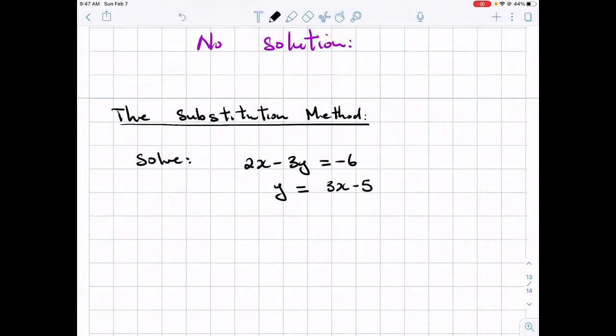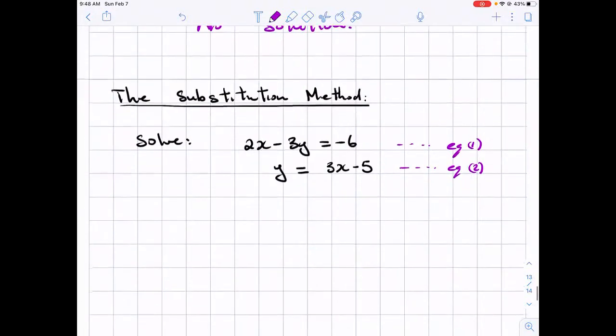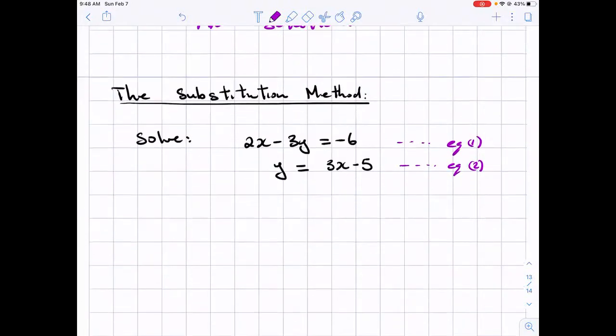Okay? So notice that equation 1 is written in the form ax plus by equals c, but equation 2 is written in the form y equals mx plus b. Okay? So that kind of gives us a hint to which method, right? If I have an equation written in the form y equals or x equals, then I use the substitution method.